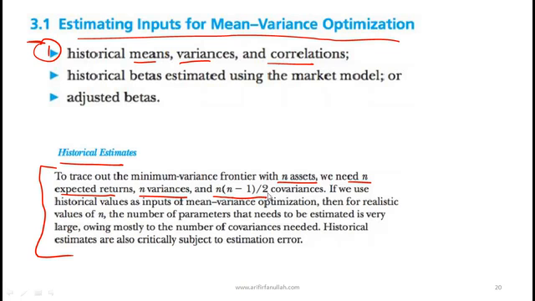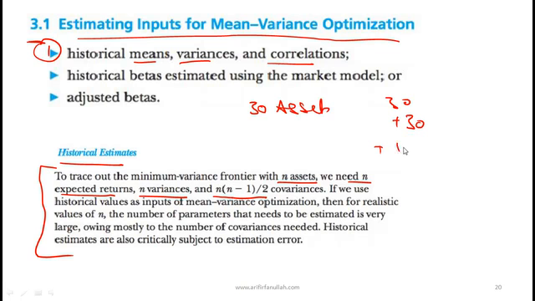So what's the point here? Do you understand what this means? This means that in your portfolio, if you have 30 assets, how many inputs do you need to estimate? You need to estimate 30 plus 30 plus how many pairwise correlations will you have? You actually have quite a few.